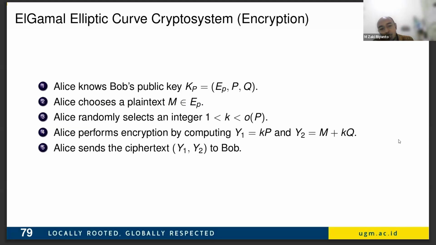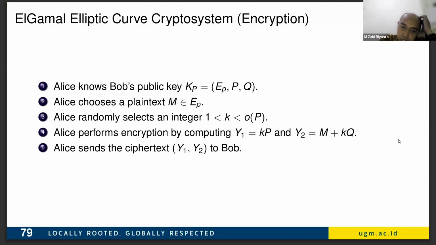Okay, Alice knows Bob's public key, that is Kp, the elliptic curve, and then the point P and the point Q. And then Alice chooses a plaintext that is a point M on the elliptic curve.